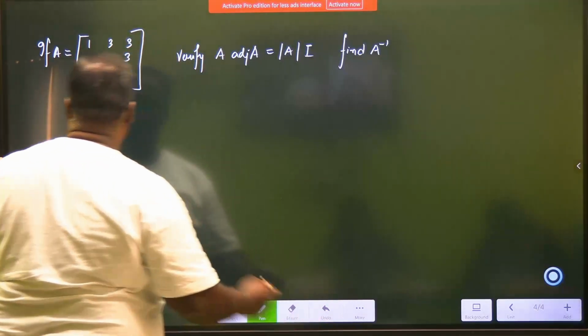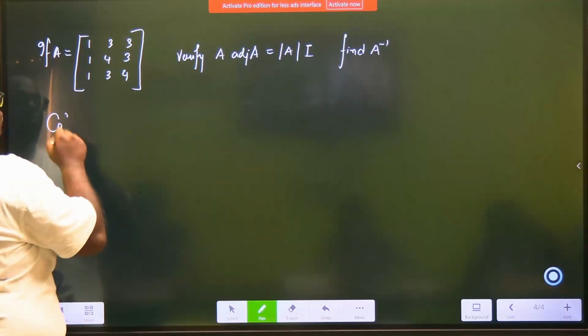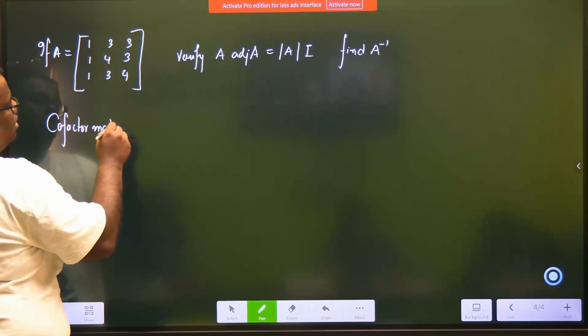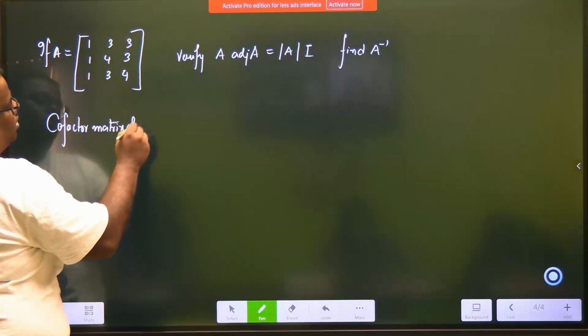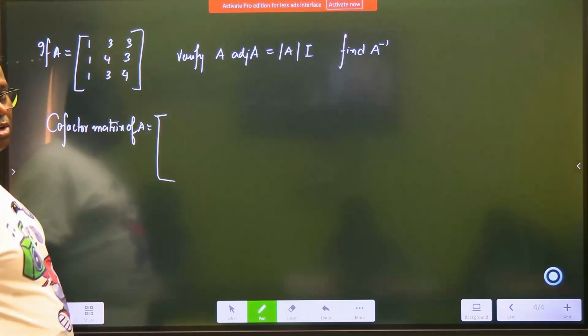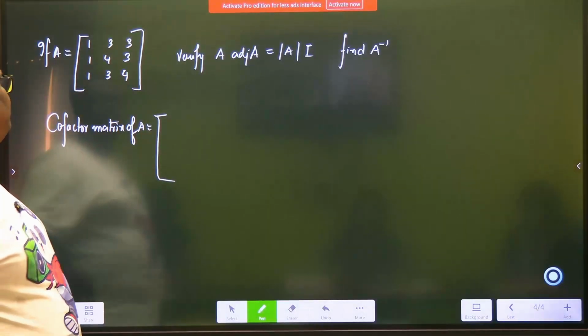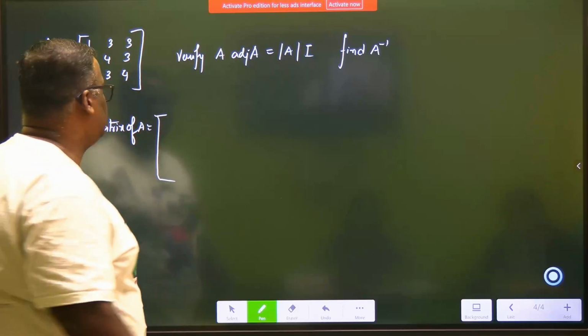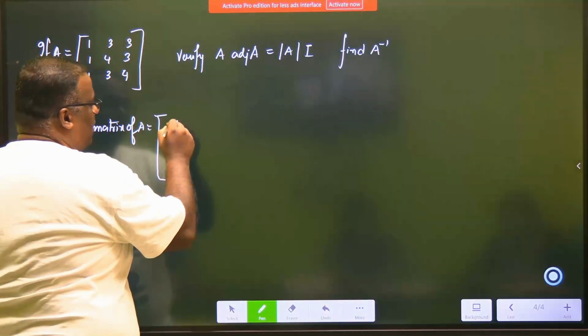Let's straight away go for the cofactor matrix of A. Can we do it verbally? Cofactor matrix of A. 4 4s are 16, 16 minus 9 is 7, and 7 retains its value.